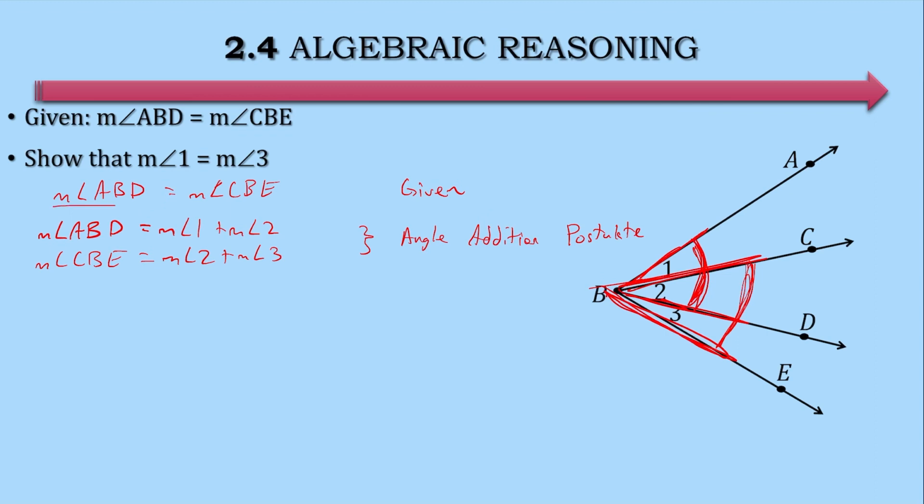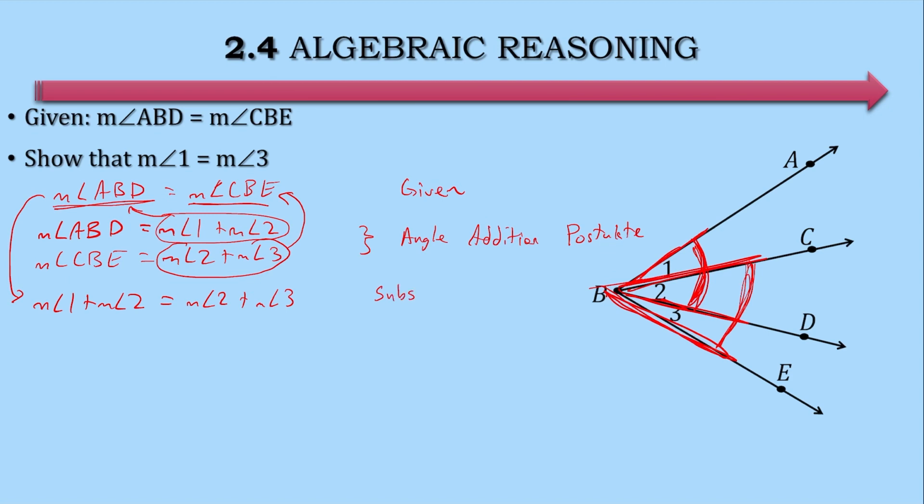Now, ABD is the same as 1 and 2. So I could take this equation but replace measure of angle ABD with measure of angle 1 plus measure of angle 2. Likewise, measure of angle CBE is measure of angle 2 plus measure of angle 3. So I've replaced things with what they equal.